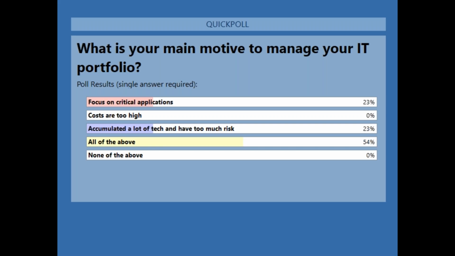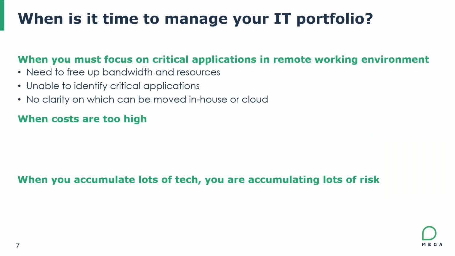So definitely for us, when we start managing IT portfolio with our customers, often our customers are asking us, when is the right time to focus on managing your IT portfolio? So definitely critical application is very important. You need to free up bandwidth and resources. You need to identify critical application, and there is no clarity on which can be moved in-house or in the cloud.